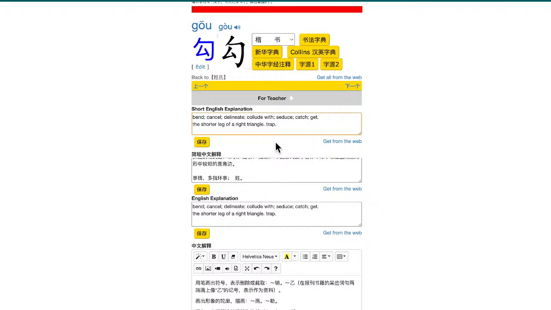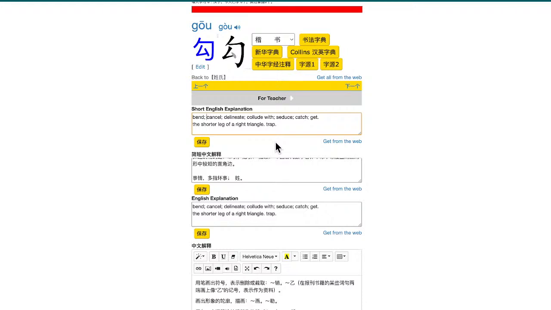So all of them you can see have something to do with bend, right? For example, when you're filling a form, there is a box indicating the option of yes or no, that's a check.